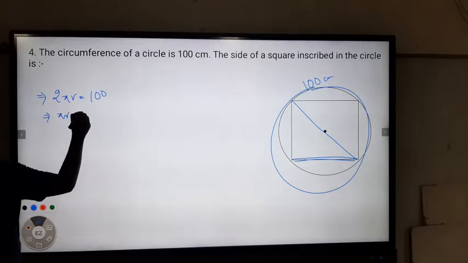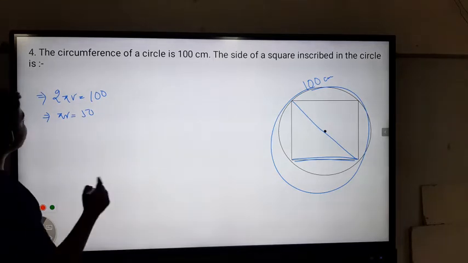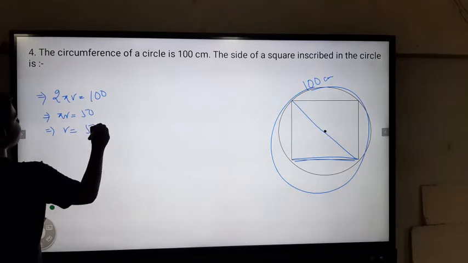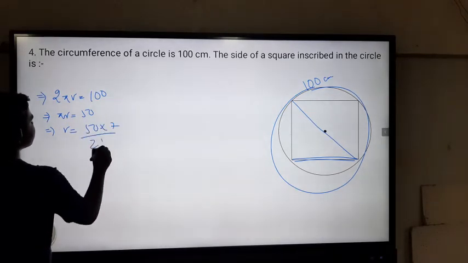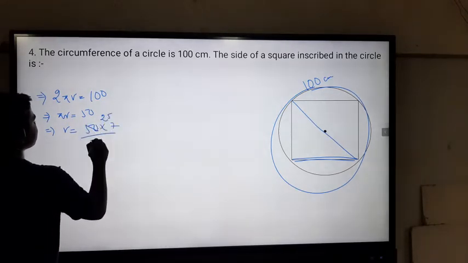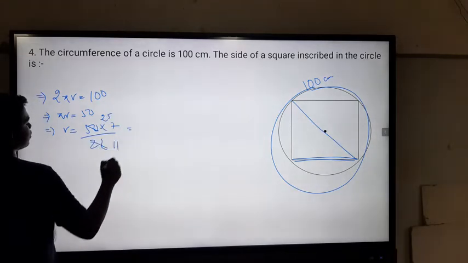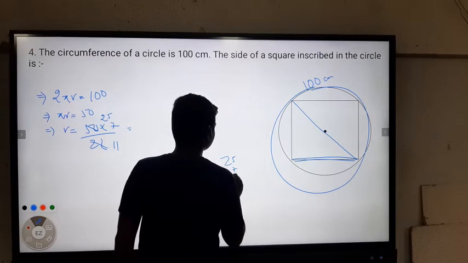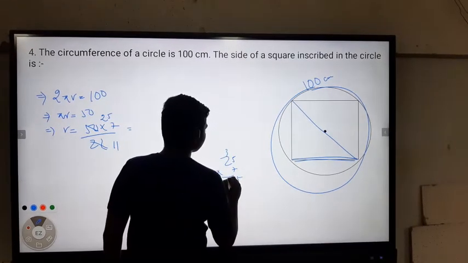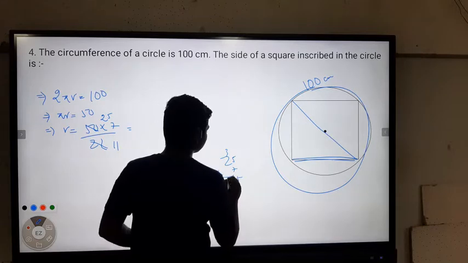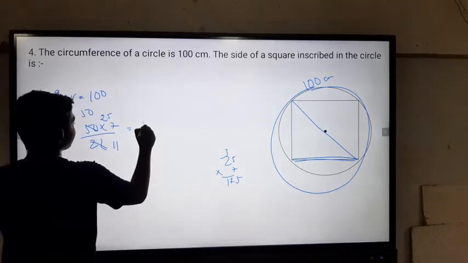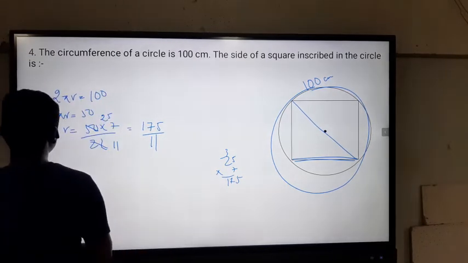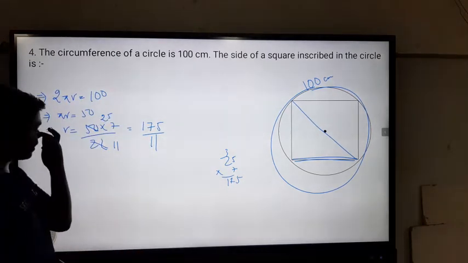Then pi r equals 50. Then radius equals 50 into 7 by 22. So it will become 175 by 11. So the radius we got is 175 by 11.